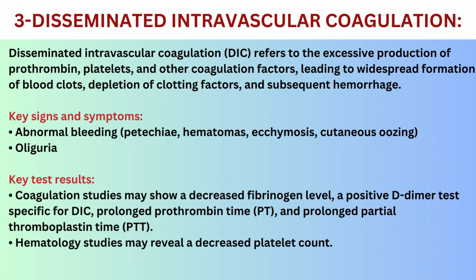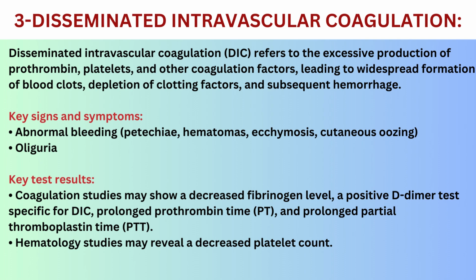The signs and symptoms include abnormal bleeding, petechiae, hematoma, ecchymosis, cutaneous oozing, oliguria. The test results include coagulation studies may show a decreased fibrinogen level, a positive D-dimer test specific for DIC, prolonged prothrombin time (PT), and prolonged partial thromboplastin time (PTT).